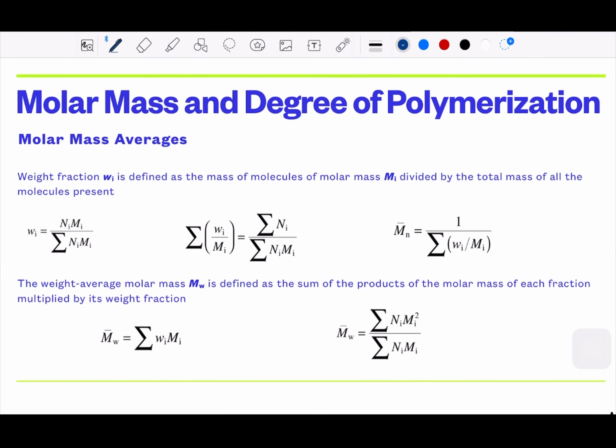If we take the weight fraction divided by m, you see it cancels. So we can rewrite our number average as 1 over the sum of the weight fraction over the molar mass.